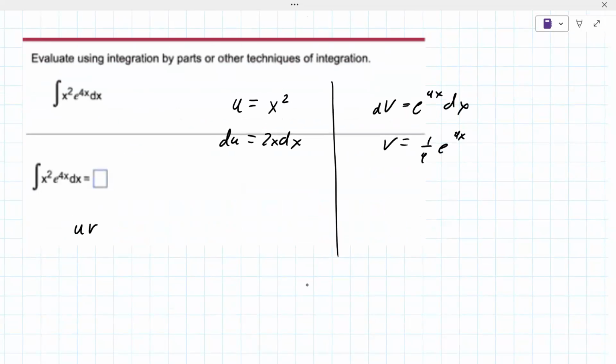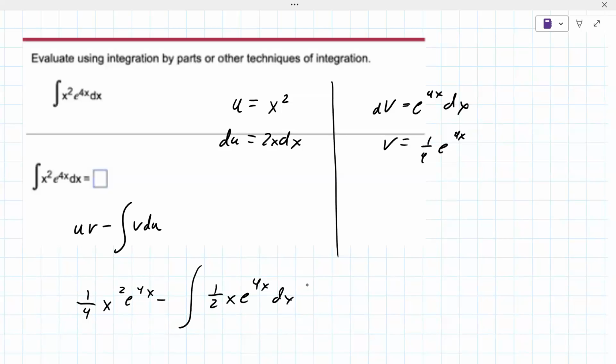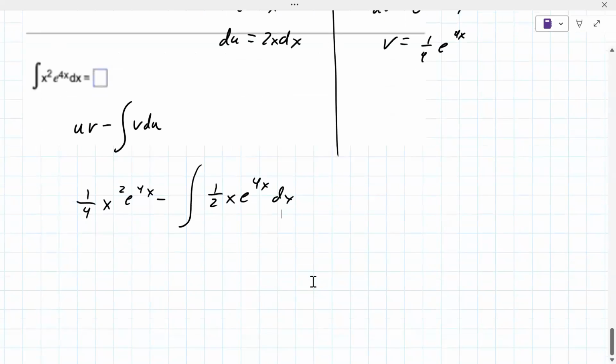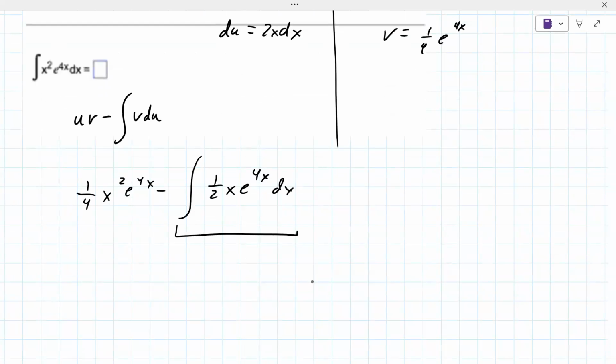And so you're using this formula uv minus integral v du, which you don't need to know where it comes from, but 1/4 x squared e to the 4x minus the integral 1/2 x e to the 4x dx. And so unfortunately you have to do integration by parts again for this.